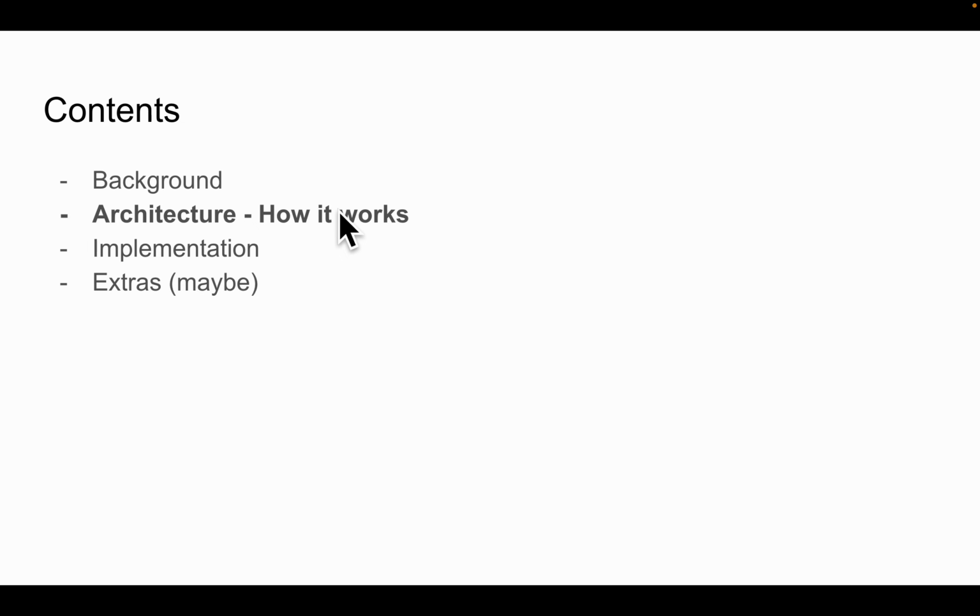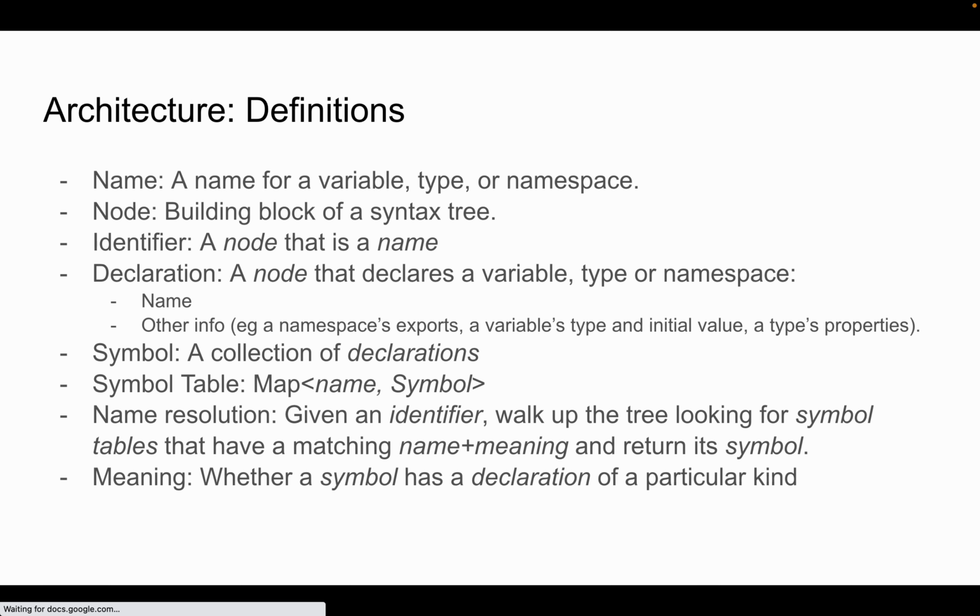So let's talk about some concepts used for architecture. There are some definitions. I'm not going to talk about these too much, but if you want to look up the PowerPoint later, I'll link to it and you can read this later. A name is just a name for a variable, type or namespace. A node is a building block of a syntax tree.